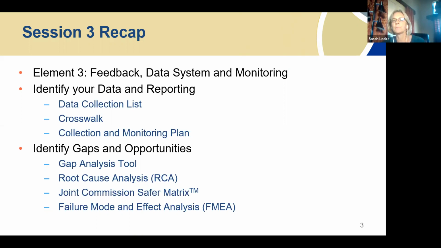She showed templates of the data collection list and the collection and monitoring plan. She also provided an example crosswalk so that you could visually see where metrics intersect with different projects. Tools for identifying your gaps and opportunities were reviewed, and this helps the team identify projects' potential effect on your return on investment, and also provides a guide on how to prioritize that work for your QAPI efforts.